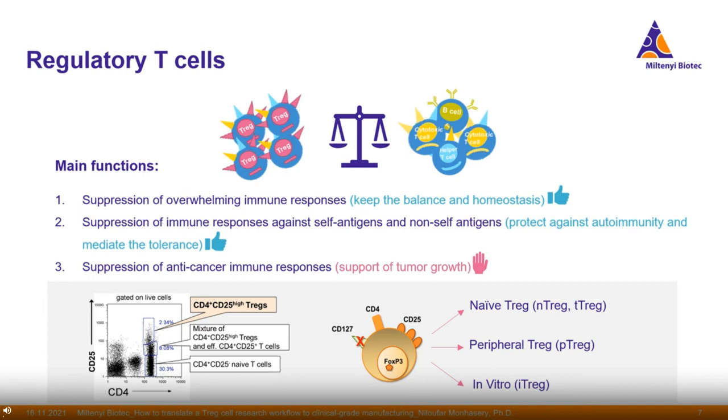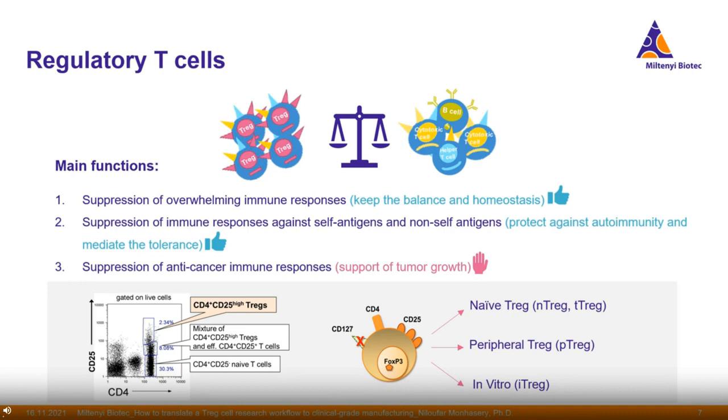And recognition of the regulatory T cells. As you might know, Tregs do not express any unique surface markers. They can be recognized or phenotyped by a combination of surface markers such as CD4, CD25, lack of CD127 or CD45RA, and so on.